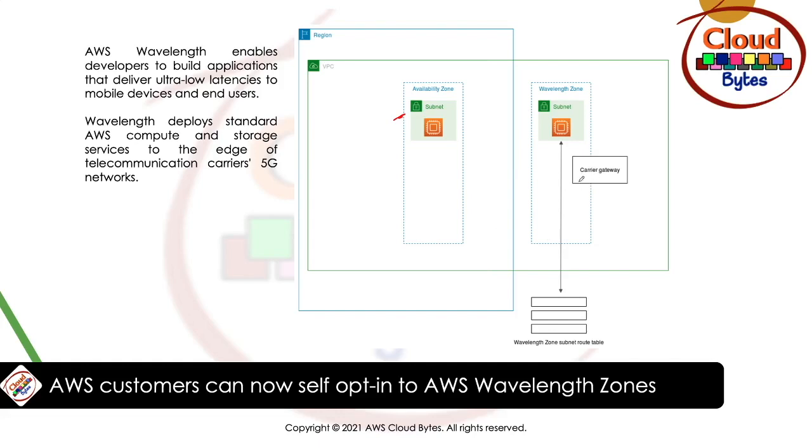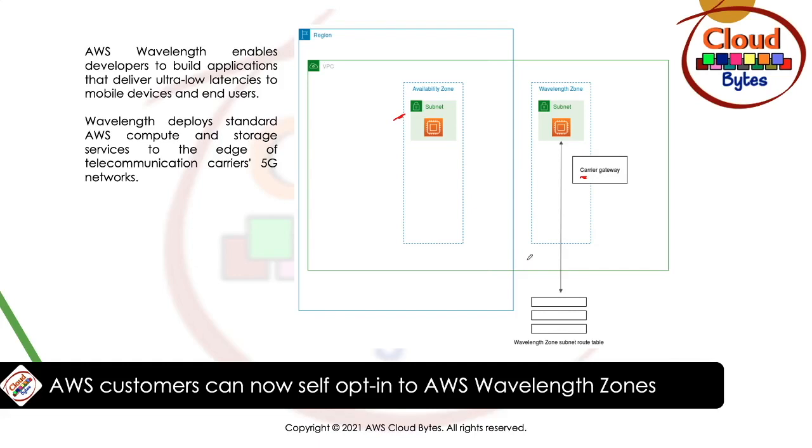So you have a carrier gateway and then you have a Wavelength Zone where you can have a subnet. So it is very much a deployment of standard AWS compute and storage services to the edge locations, and this is running on a 5G telecommunication network.